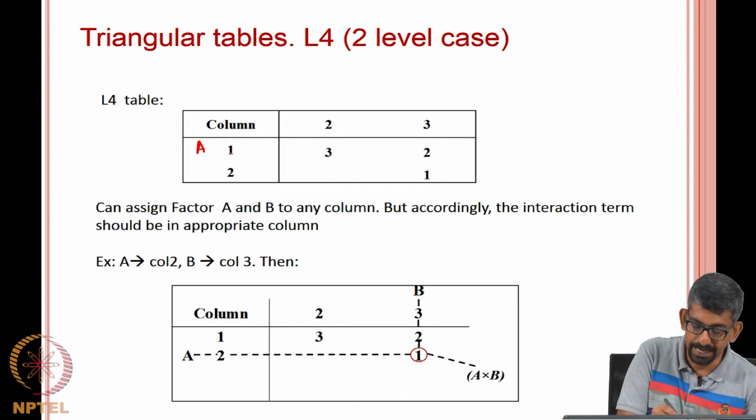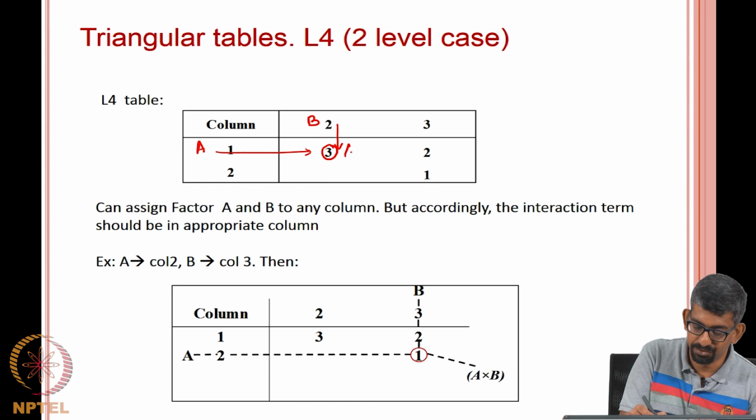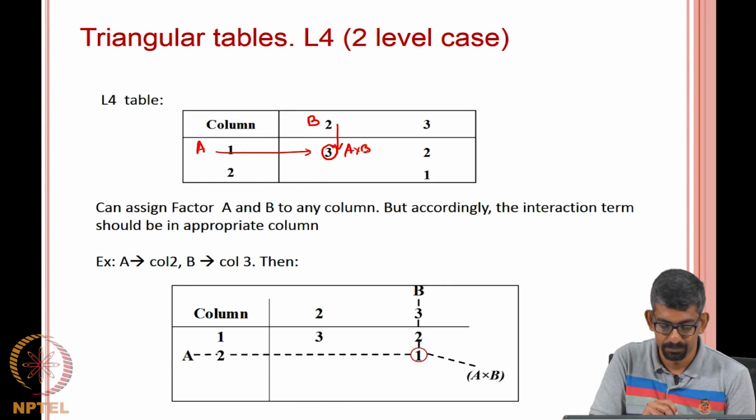So, if you say A for column 1, then let us say you are saying B for column 2, then what it says is, on column 3 it should be A cross B, that is all.